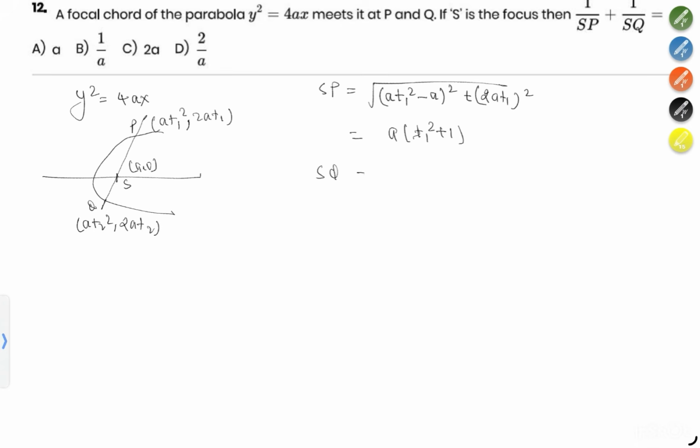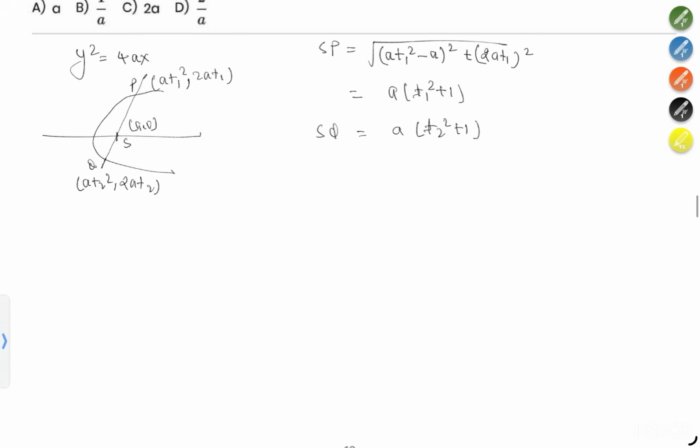Similarly, SQ will be a times (t2 square plus 1). So 1 by SP plus 1 by SQ will be equal to 1 by a times (1 by (t1 square plus 1) plus 1 by (t2 square plus 1)). Now, as this chord passes through the focus, we know the condition that t1 t2 equals minus 1. So we can use this one.